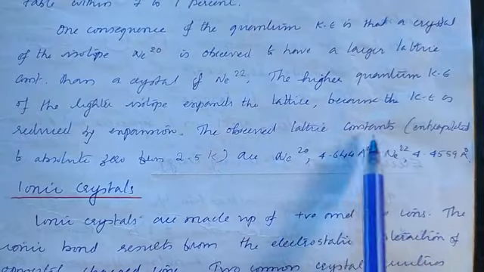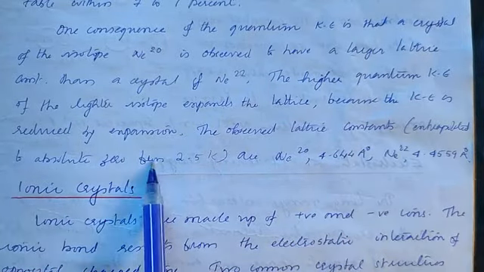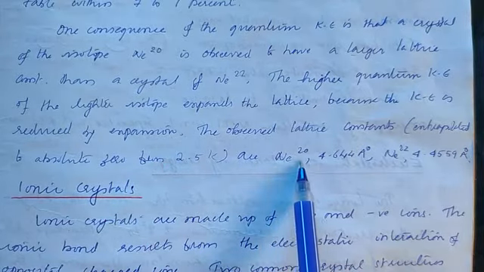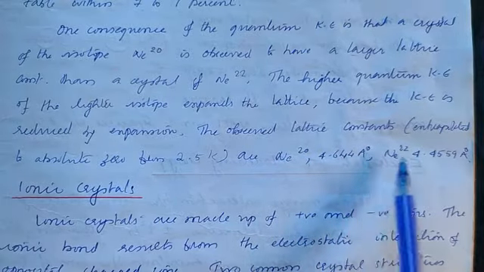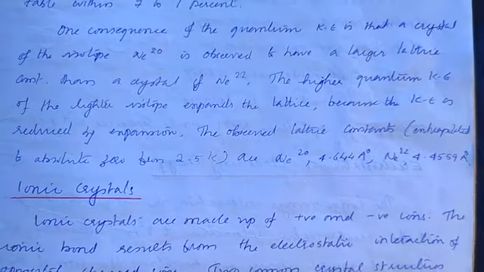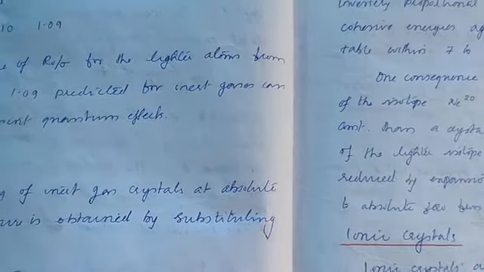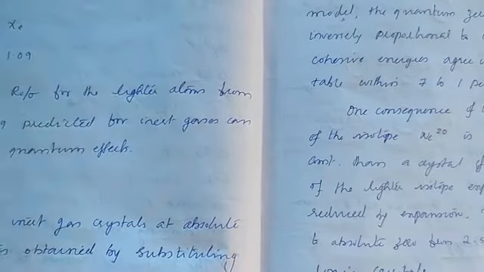The observed lattice constants extrapolated to absolute zero from 2.5 Kelvin are 4.644 angstrom for neon 20 and 4.559 angstrom for neon 22. So these are about the quantum correction for the values of the equilibrium radius, or r0 by sigma, for these metals.